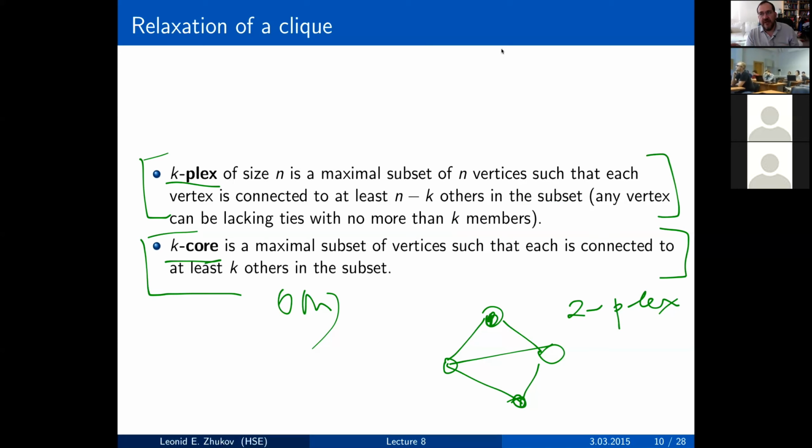Today in the seminar, Andrei will talk about it more, and you will do some examples on how to do this k-core decomposition. But k-core decomposition and k-plex is not an answer for the community detection problem.